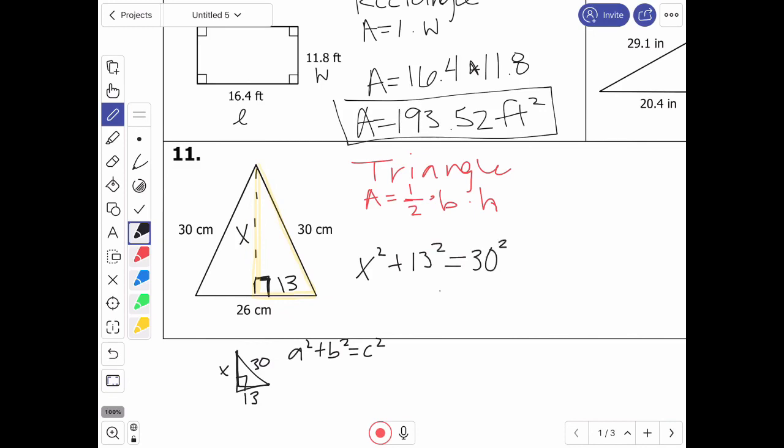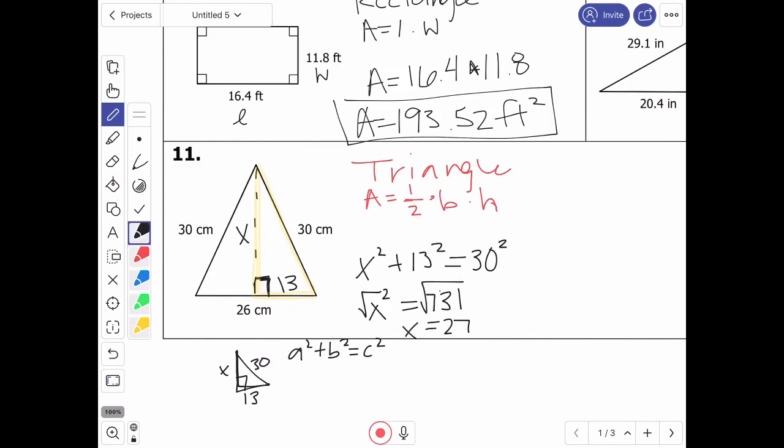Okay, and when I solve for x, I'm going to square all my numbers and then subtract 13 squared from 30 squared to get x squared is 731. And then I can take the square root of that to get x equals 27.